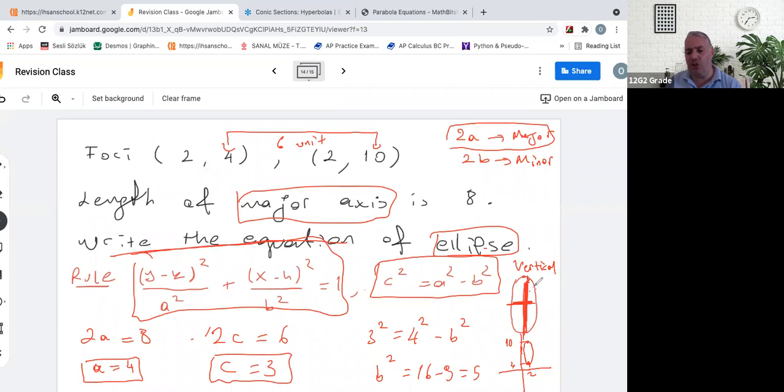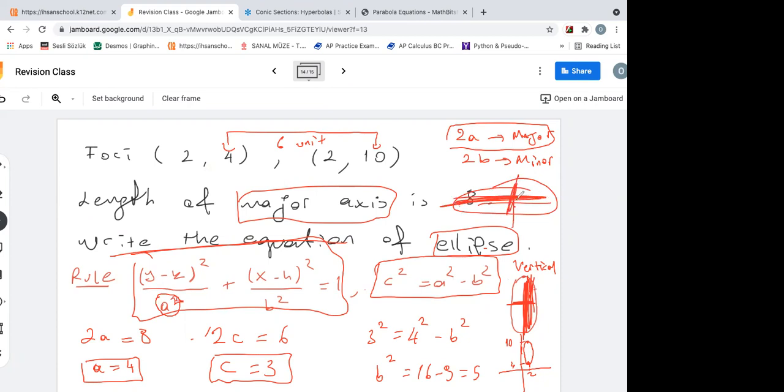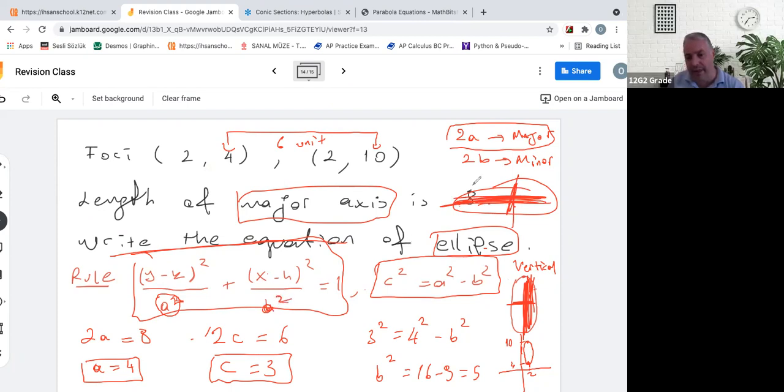Where we have the major axis on the y-axis, under the y it must be a squared. If we have the ellipse the other way, with this longest and this shortest, then under the x it must be a squared. But let me clean my case.